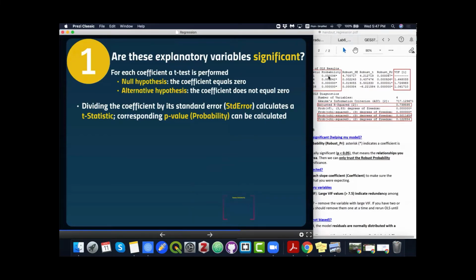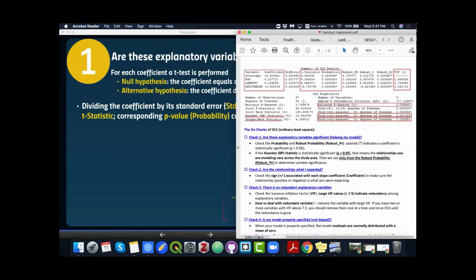But I do want to mention a little bit about the mathematics, because as you can see, there are many other columns reported for each of the three coefficients and also the y-intercept.